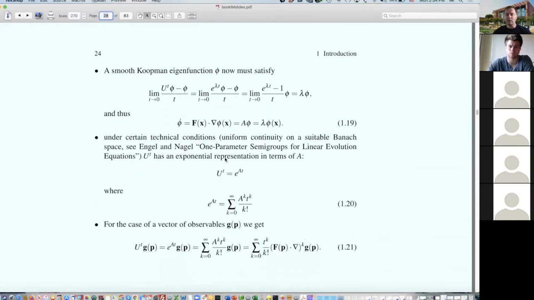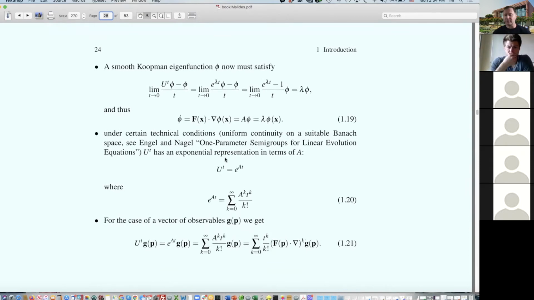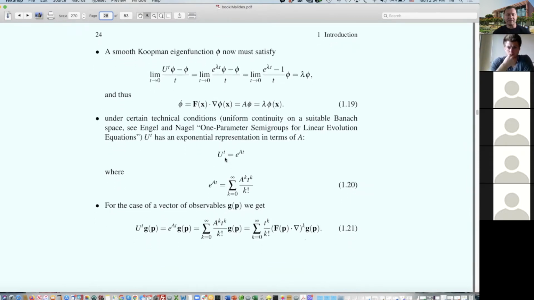Right. So let's do something specific, because you're going to start seeing the meaning of the notion of the eigenvalue of the Koopman operator in slightly different light. So let's plug into that limit that we have considered above an eigenfunction phi. Let's assume that an eigenfunction exists, and we are going to plug in phi and consider U^t phi minus phi divided by t.